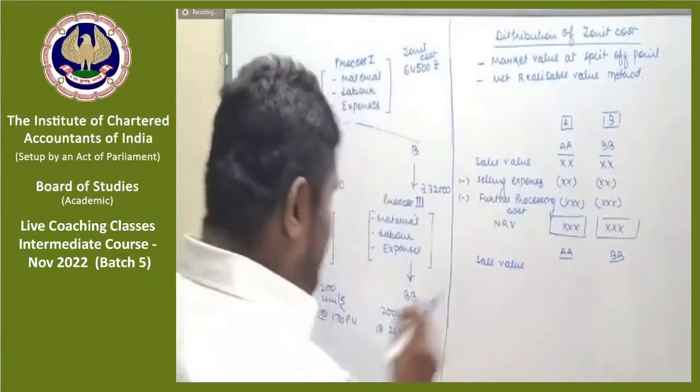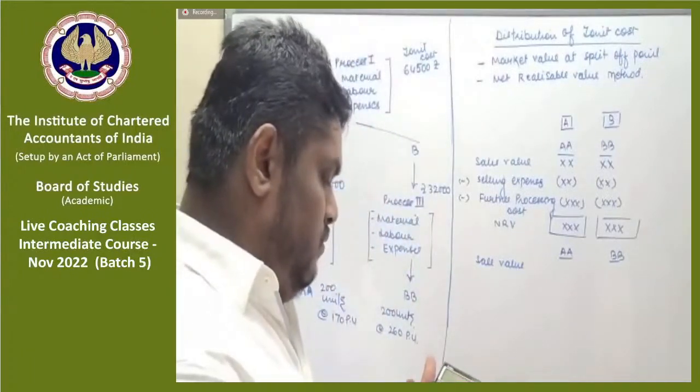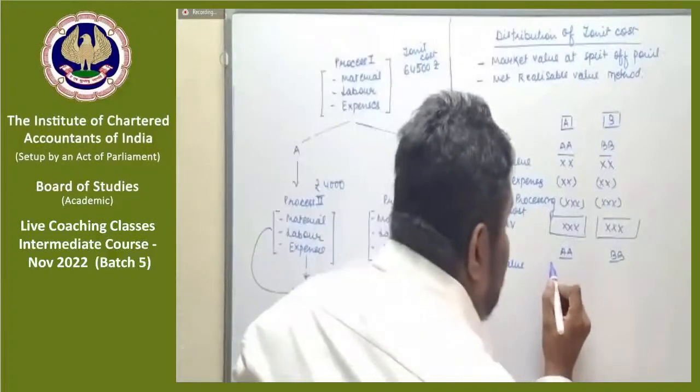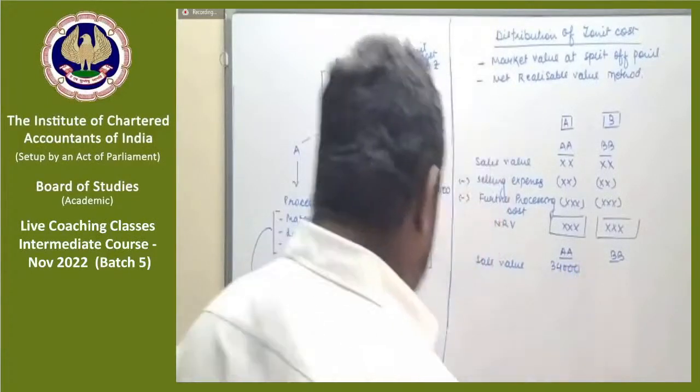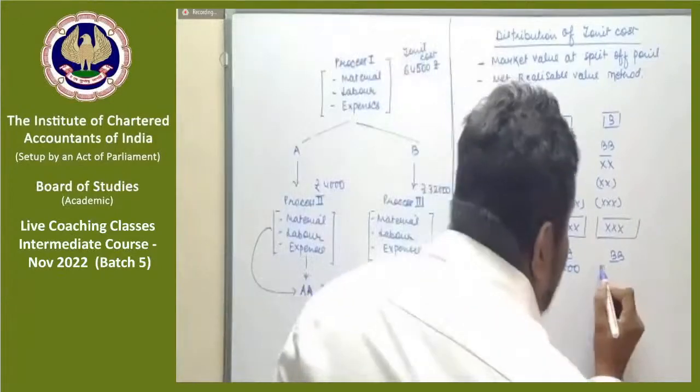The sale value is given: 200 units into 170, that is 34,000, and 200 units into 260, that is 52,000.